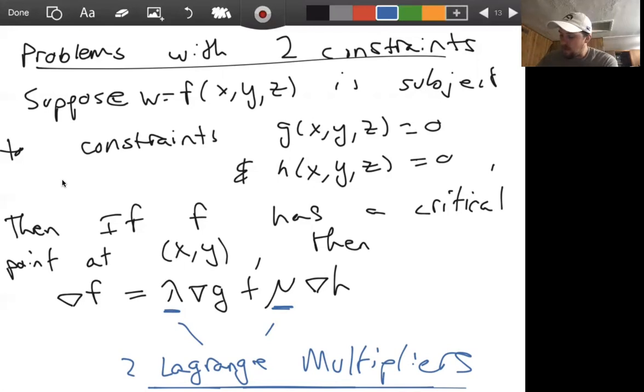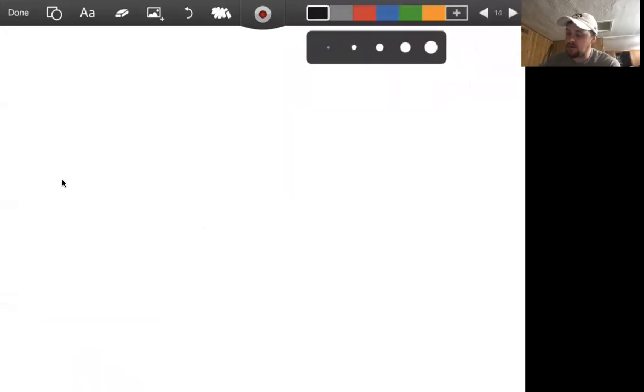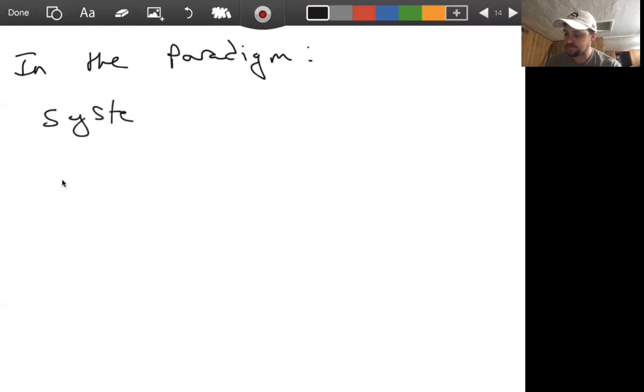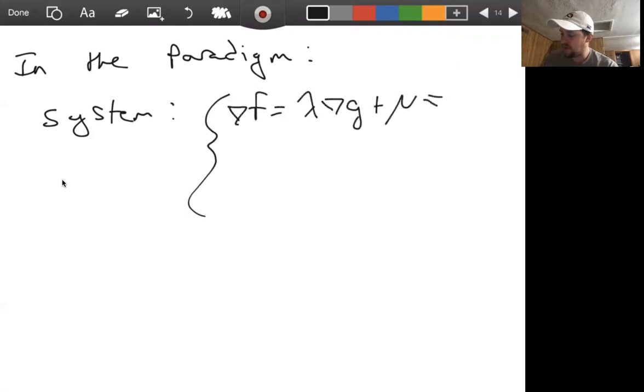So what our system becomes then in the paradigm, our paradigm is identical, right? It's just now we have the following system. The system is gradient of f equals lambda times the gradient of g plus mu times the gradient of h.